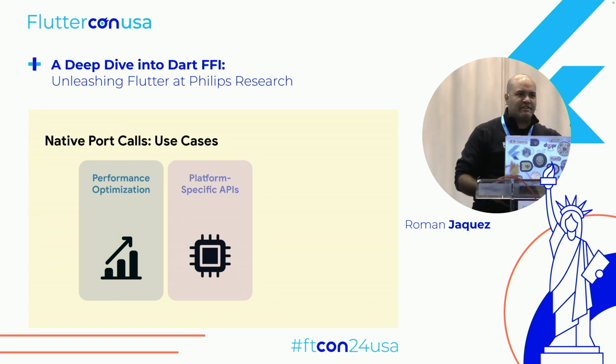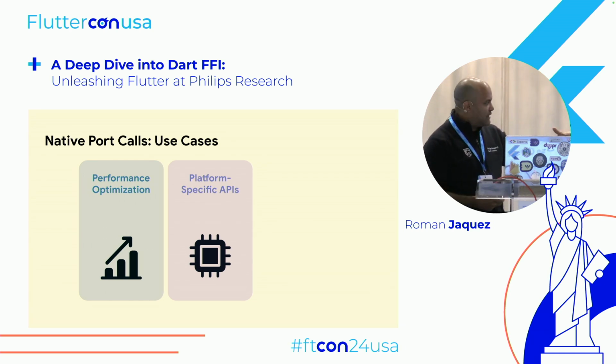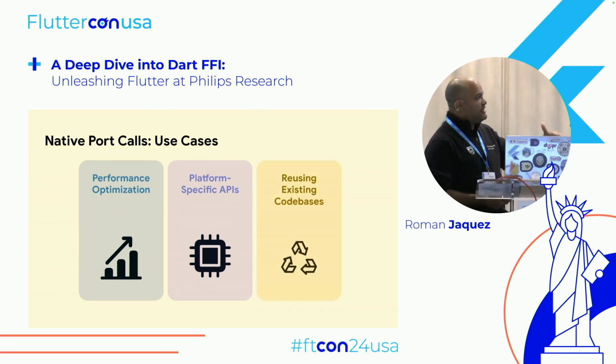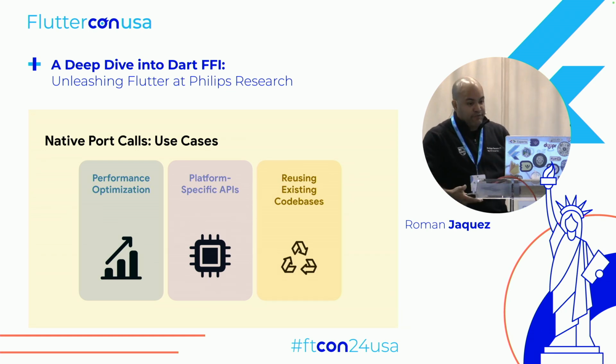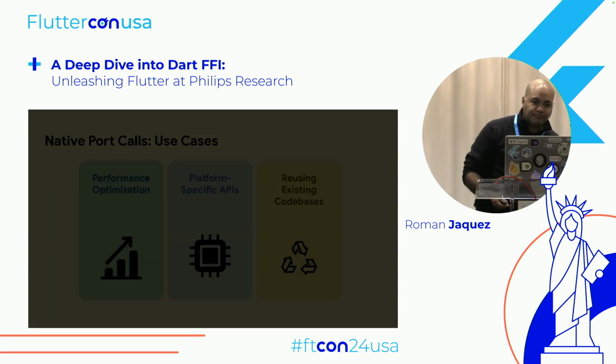Let's say your company already has some legacy code that you don't want to redo, but you want to leverage. You can use native ports for this case. And of course, reusing existing code bases, leveraging existing C and C++ libraries within Dart or Flutter, avoiding the need to rewrite all that complex logic.